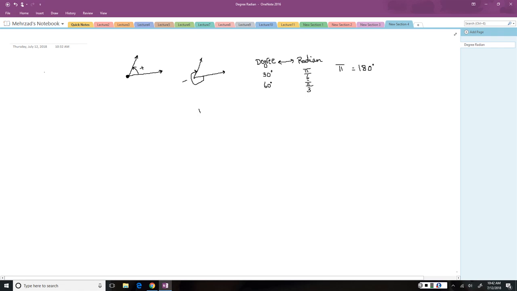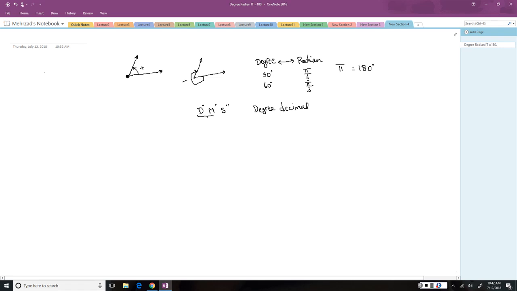You will also learn how to go from what we call degree, minute, second, to just the degree decimal, and also back. Here I'm not talking about two different units of measurement.